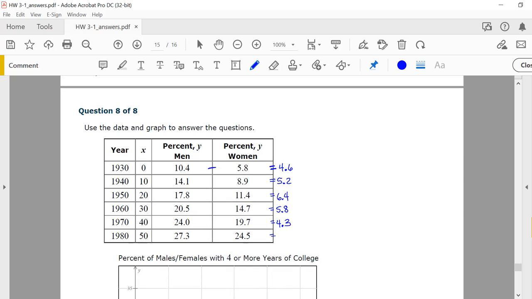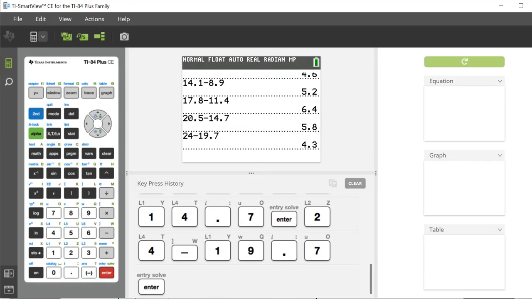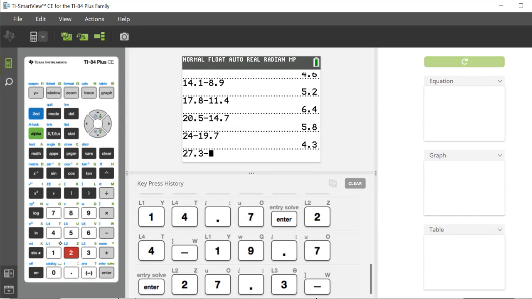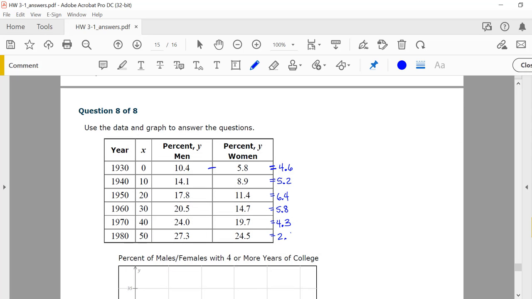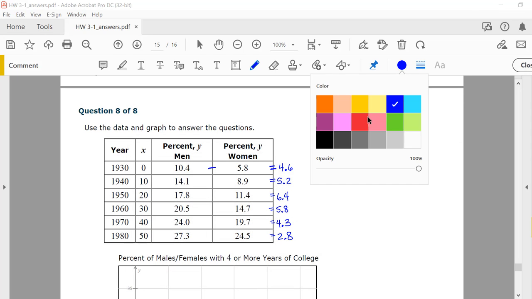And the last one, 27.3 minus 24.5 is 2.8.